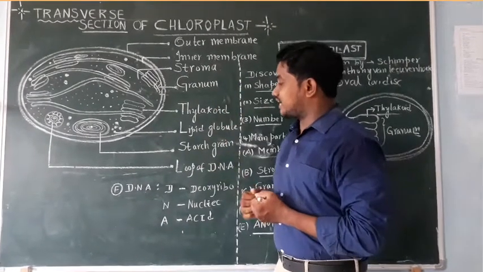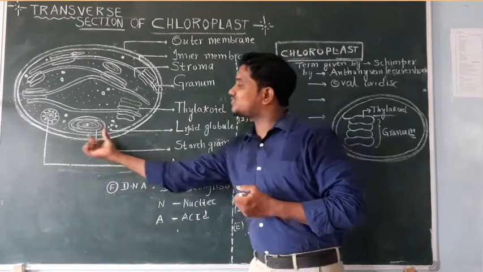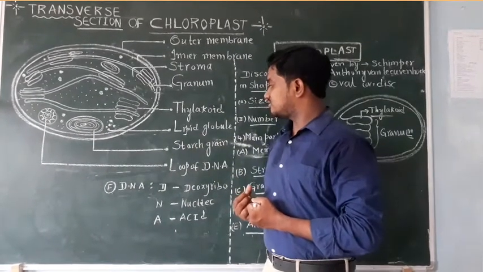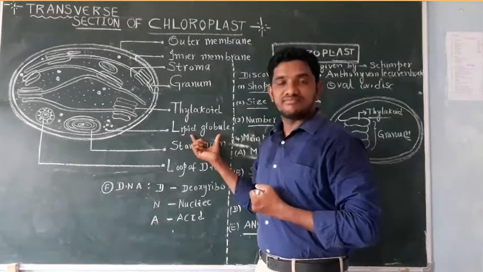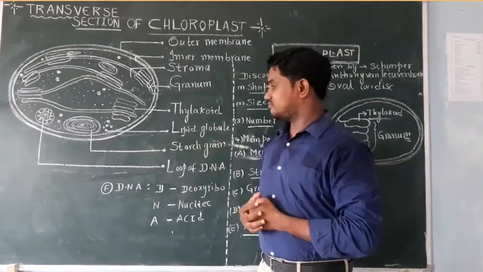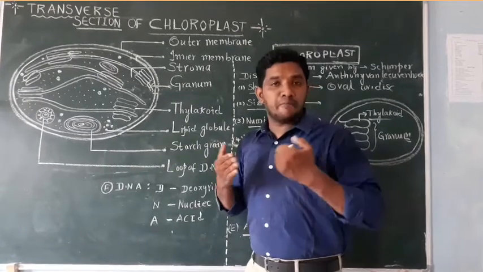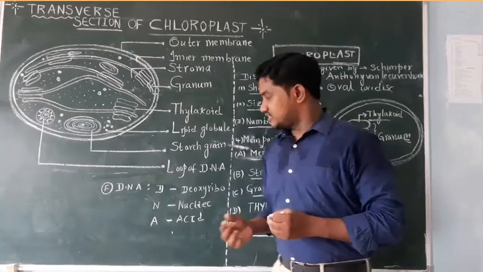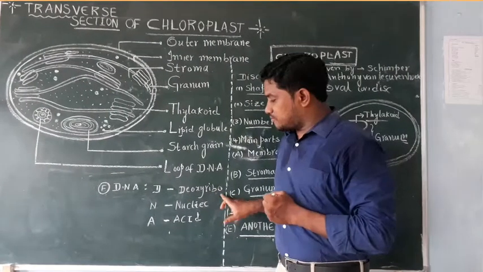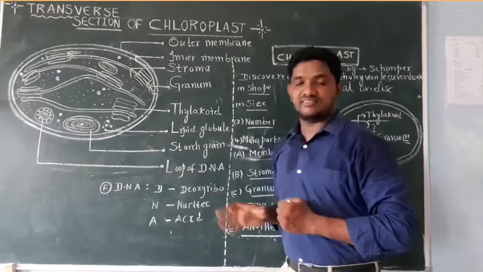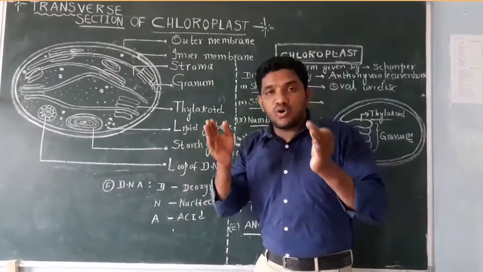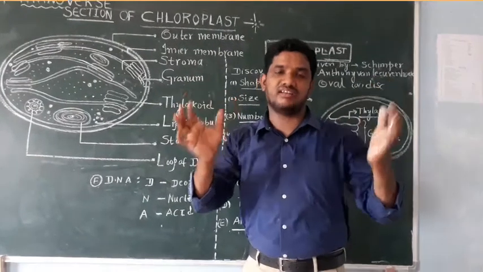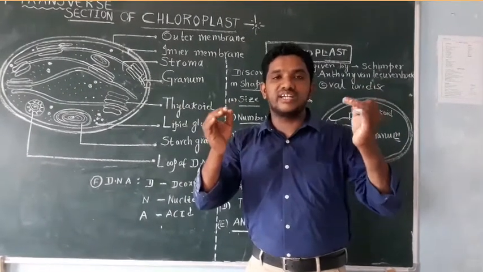It contains other parts like starch grains, which is a food material, lipid globules, this is also food material, and one more important point is it has a loop of DNA. DNA means deoxyribonucleic acid. So chloroplast is also called a semi-autonomous cell organelle because it has its own DNA.